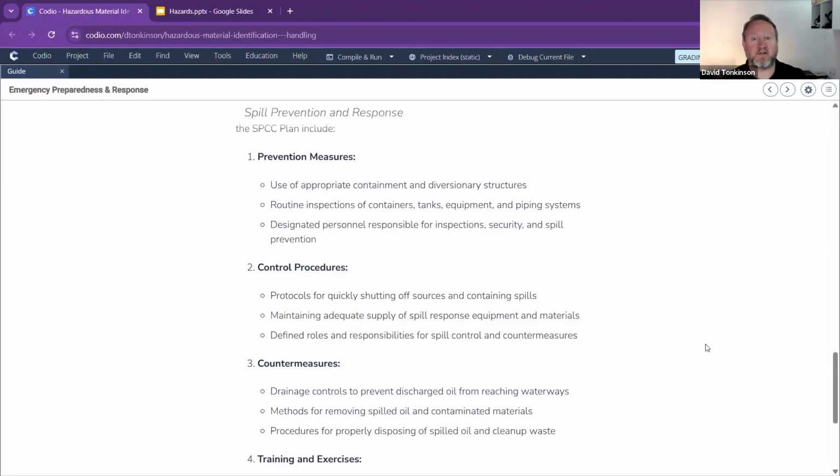So for example, if you have a diesel generator that is leaking, that person will know how to shut that diesel generator off, shut the pipes going to it. That will then prevent any further spilling. And we need to make sure that we have an adequate supply of spill containment and spill response equipment.